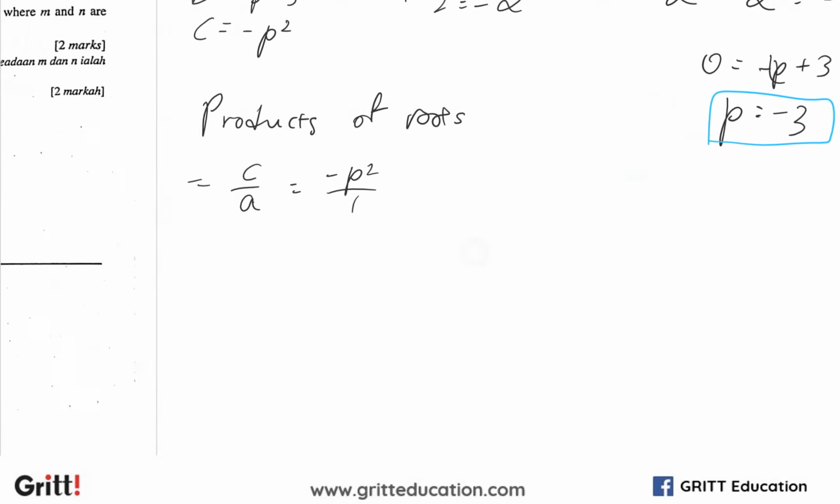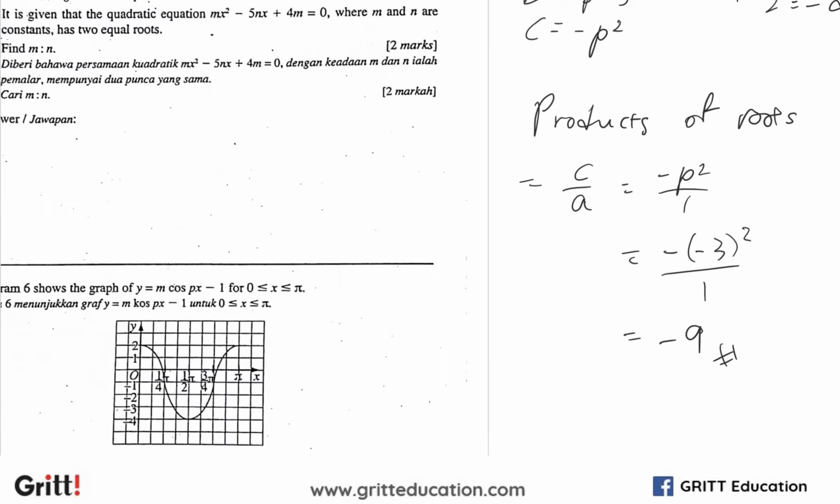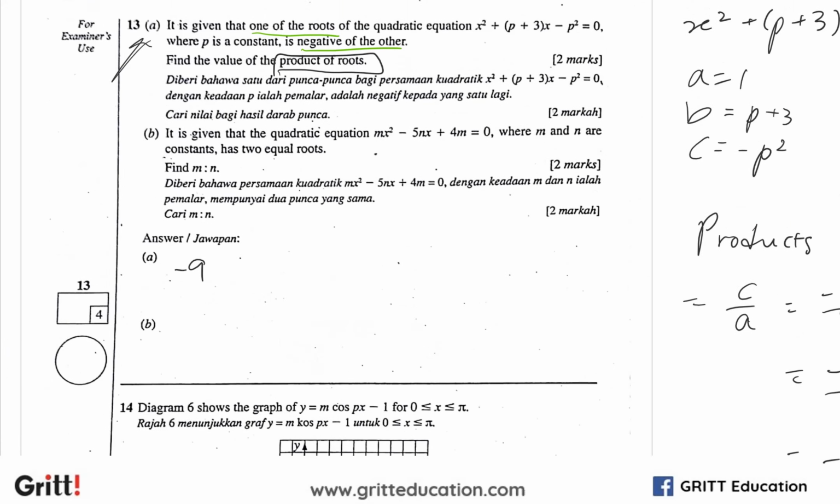So from here, we get negative (negative 3) squared over 1. So with this, the answer is equal to negative 9. So the product of roots is actually negative 9. Alright, so we already solved the first part, which is 13a.